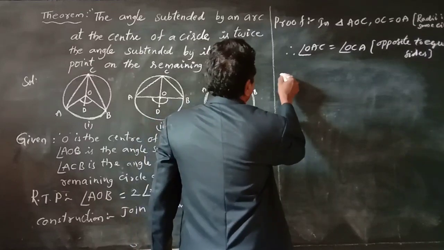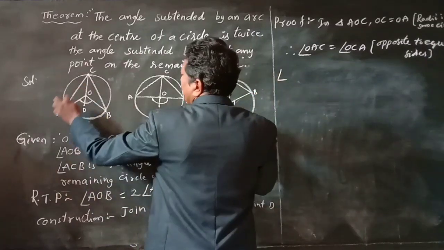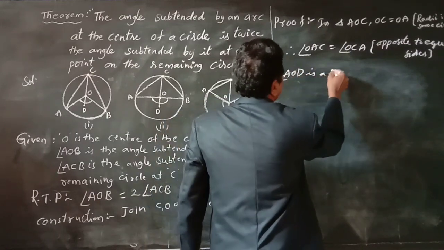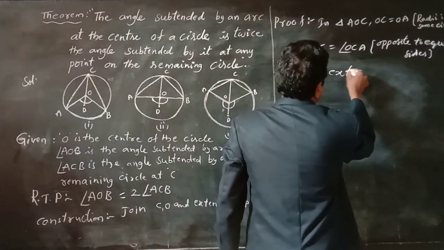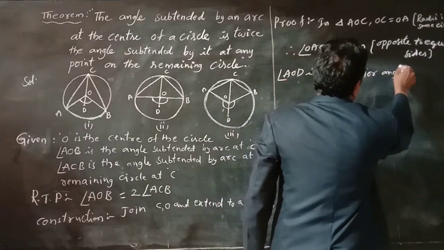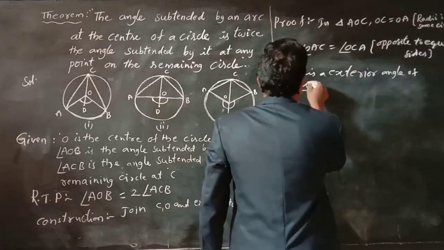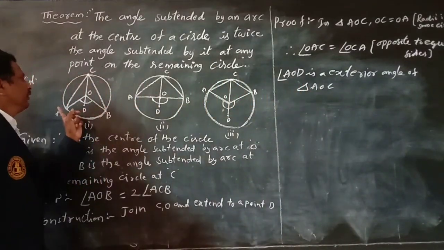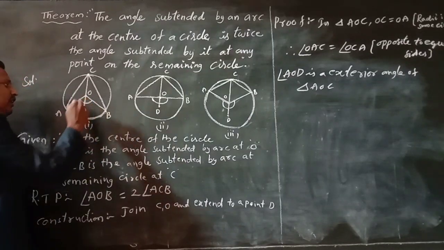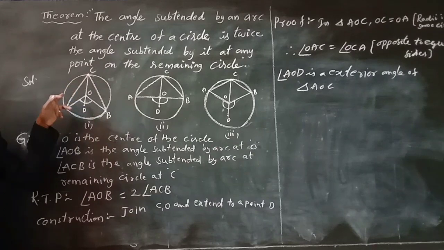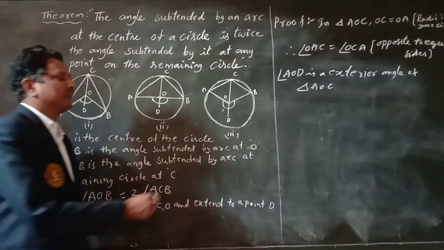Now angle AOD is an exterior angle of triangle AOC. What is the exterior angle property? The exterior angle is equal to the sum of the 2 opposite interior angles.